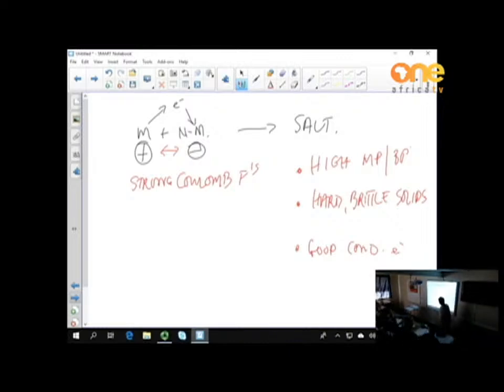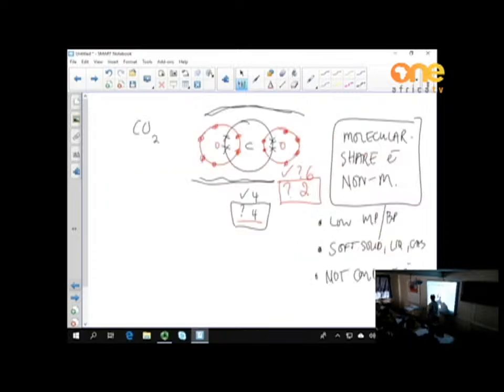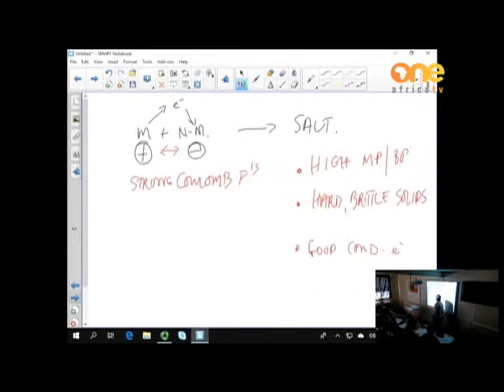How do we show the bonding in ionic substances? Remember, with the molecular substances, it's a sharing of electrons, so the outer shells overlap, and we only show the outer shell electrons. But with ionic substances, we have to show the bonding slightly different. So if I said, no, don't take copper sulfate, because the sulfate ion, the structure is complicated. They won't ask that of you. But copper chloride I can take. Okay?